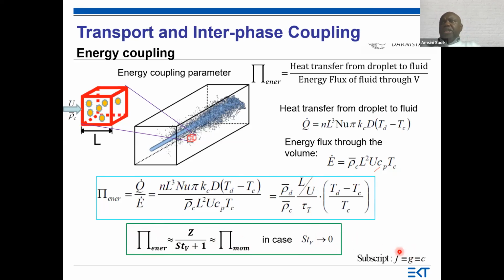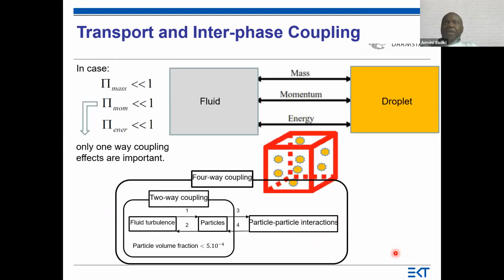For notation only, F is for the fluid phase, or the gaseous phase, or carrier phase; it is the same notation. To sum up, if the mass transfer coefficient and the mass coupling are very small, all three, then we say that we deal with one-way coupling.